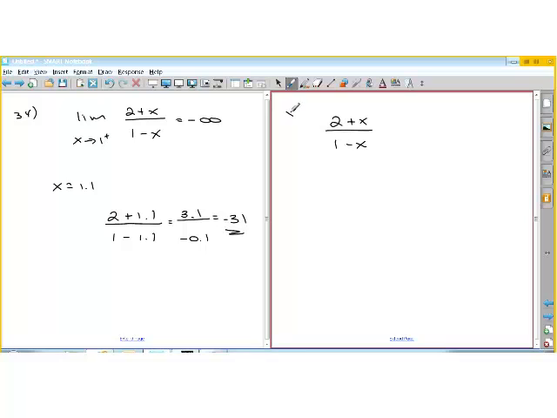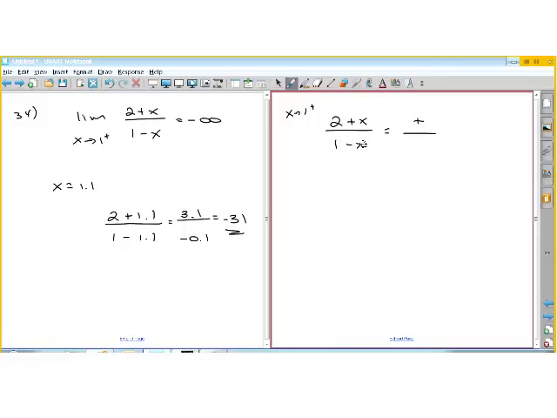So what we're doing is x approaches 1 plus. So you look at the numerator, and you've got a positive number. x is positive, 2 is positive, so positive plus positive equals positive. In the denominator, you've got 1 minus a number that's slightly larger than 1.